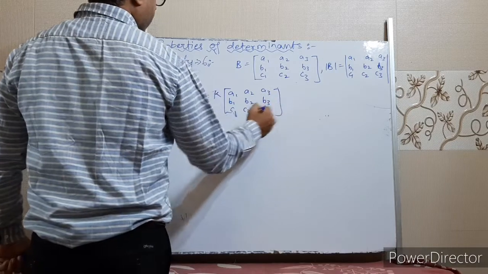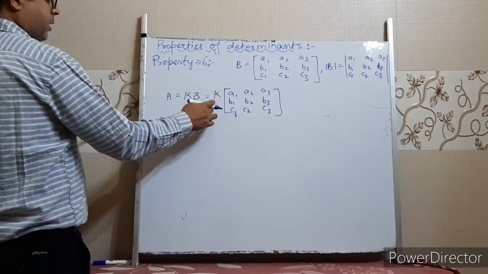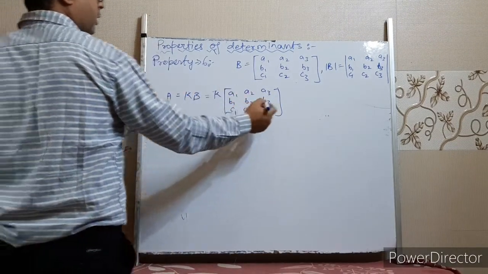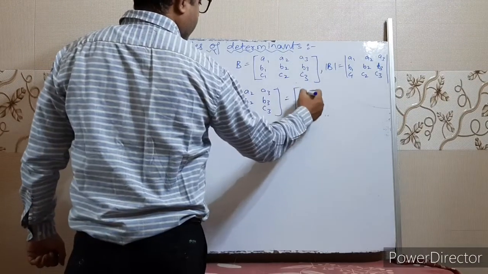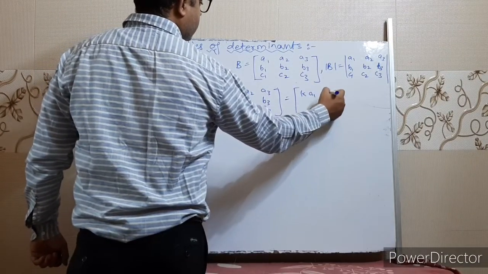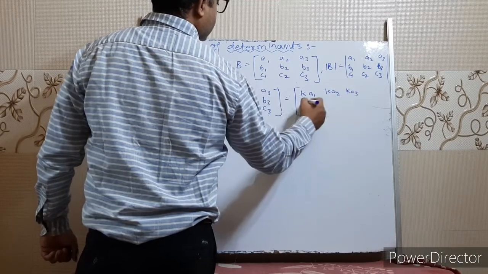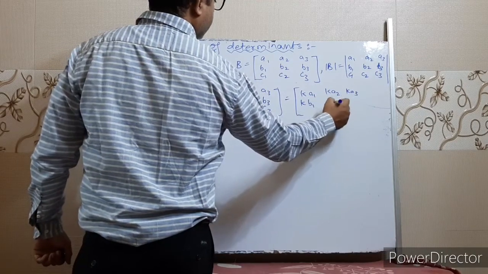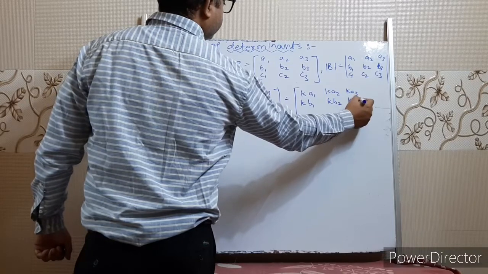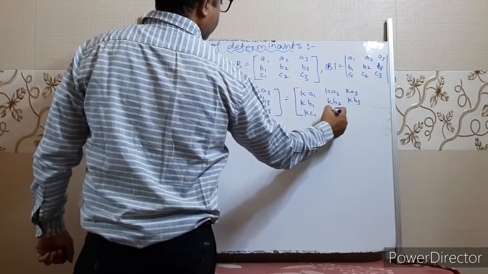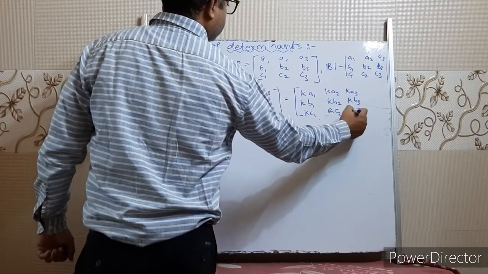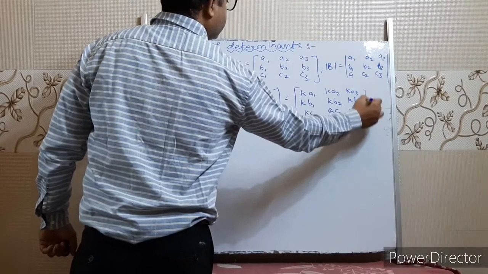Right, children? Now, when we multiply K into this matrix, we know that it will be multiplied with all the elements. So it will become K A1, K A2, K A3. Similarly, K B1, K B2, K B3, K C1, K C2, K C3. Right, children?